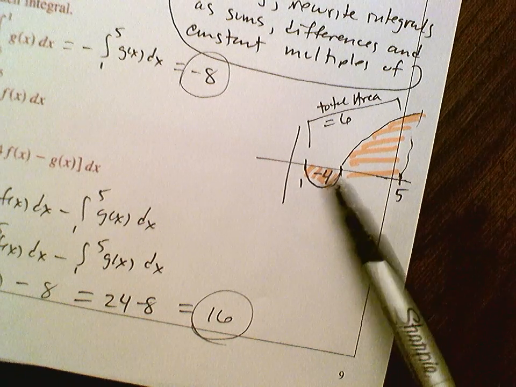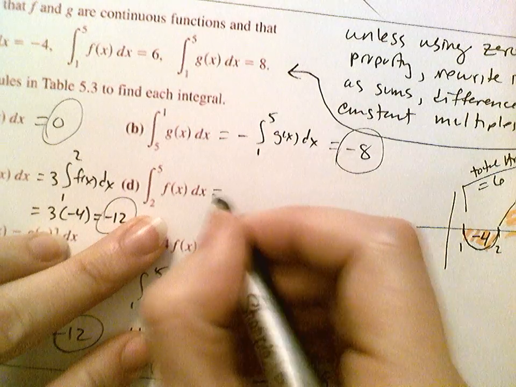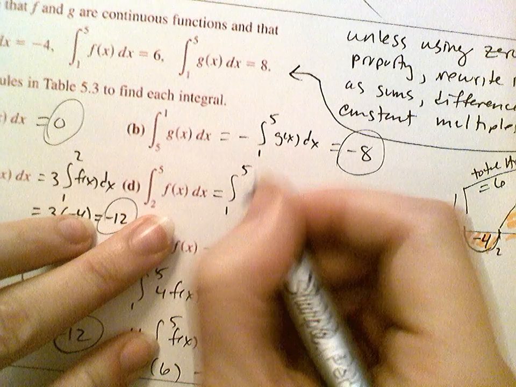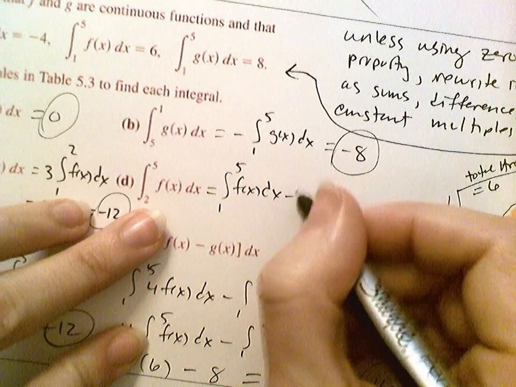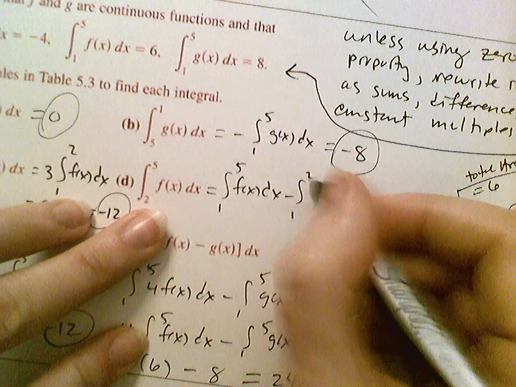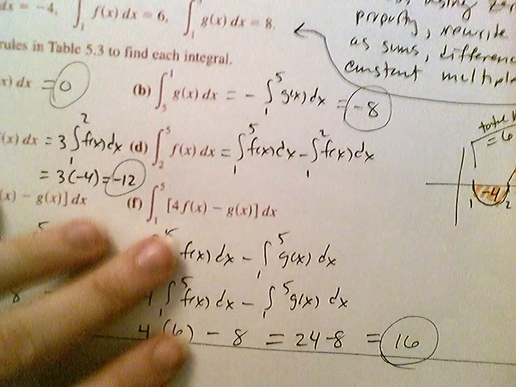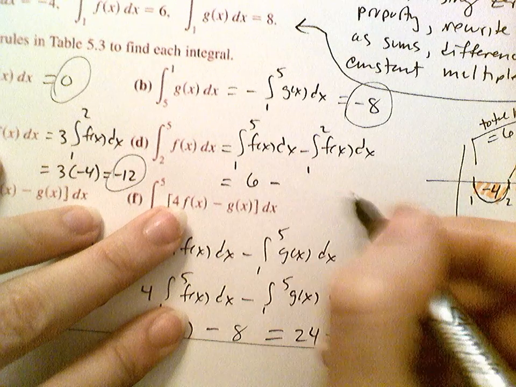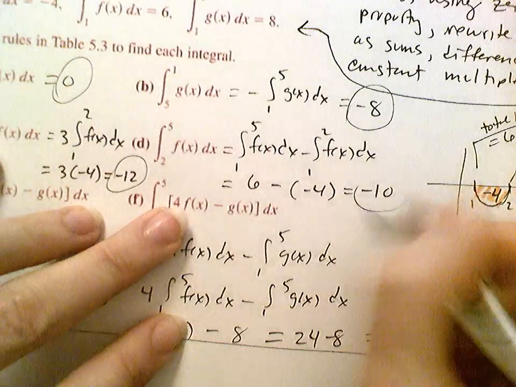So basically I'm subtracting this negative part. So this is going to be the integral from 1 to 5 of f of x minus the integral from 1 to 2 of f of x. And from 1 to 5, I know I've got 6. And then minus from 1 to 2, that's -4. So that should be 10.